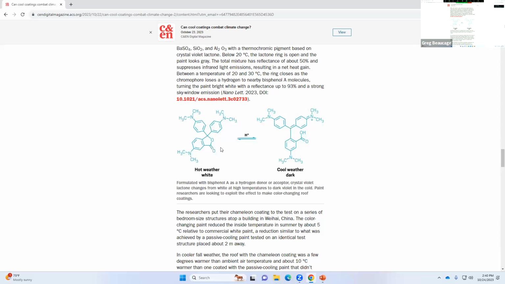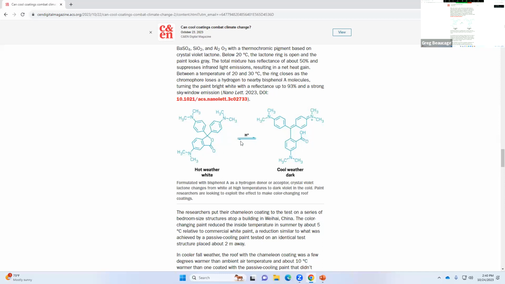It's a polyester, right? So if you put that bisphenol into this kind of complex molecule, in hot weather it hydrolyzes and in cold weather it condenses. So it makes it white. It changes color. You can paint the roof with this stuff, and supposedly it will cool and heat at the right time of year.